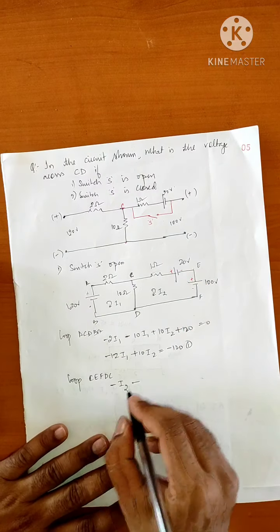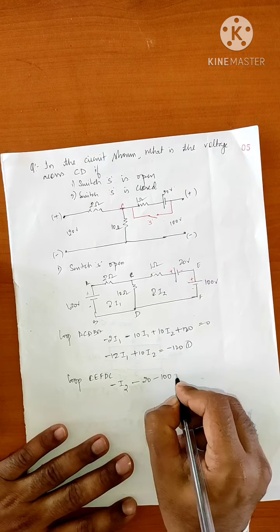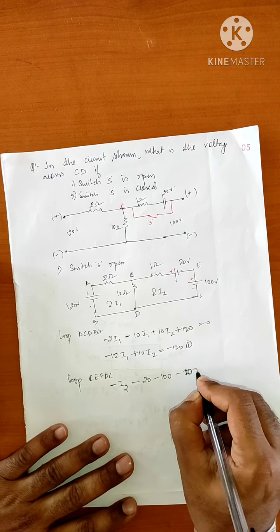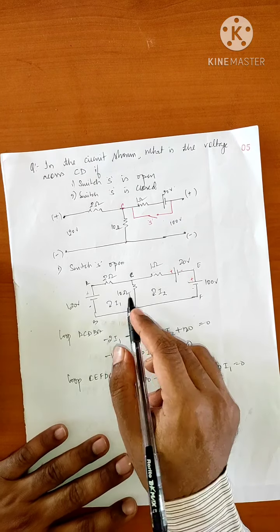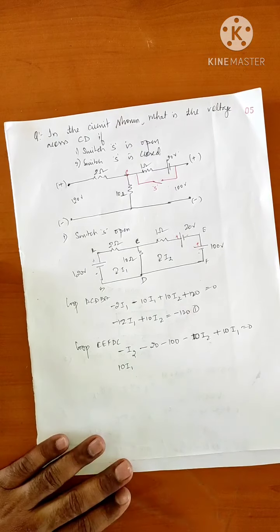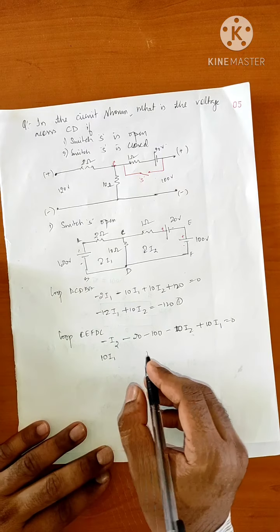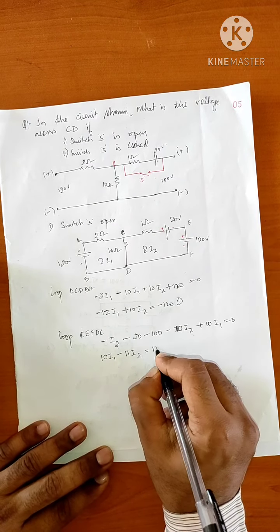So minus 20 minus 100 minus 10I2 plus 10I1, as this is shared by both the loops. So first write 10I1, then minus 11I2 equal to 120.